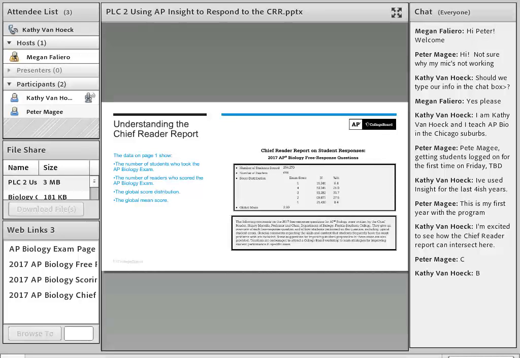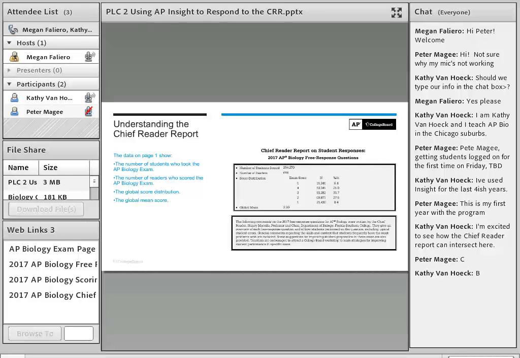I'm actually a reader as well, and I concur. Kathy, how many years have you been going to the reading? Since 2011, I think was my first year. Awesome. That's one of the reasons that the Chief Reader Report often reflects a lot of the things we learn at the reading. So if you don't go to the reading, this is just an amazing report. But as a reader, this is kind of what we get.